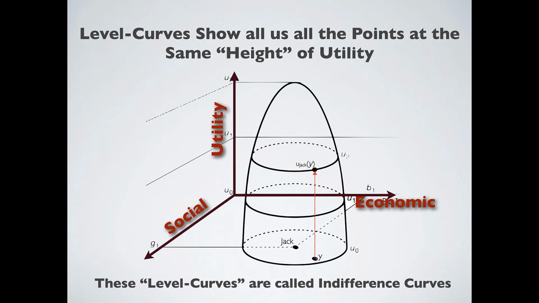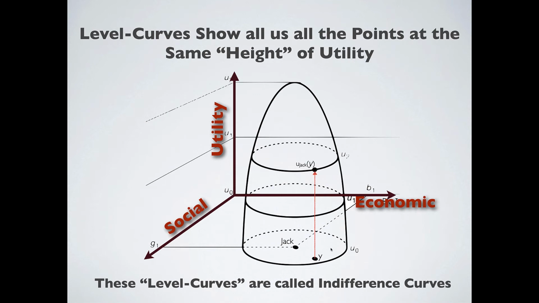So here I've plotted an alternative y. All right, so Jack likes y less than his ideal point. It is further away from his ideal point. And it's further away than, let's say I put something here, a z or something. He would like z more than y, but y is out here. So the level curve is the set of all points that Jack likes just as much as y.